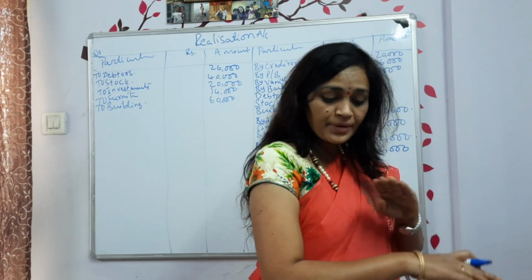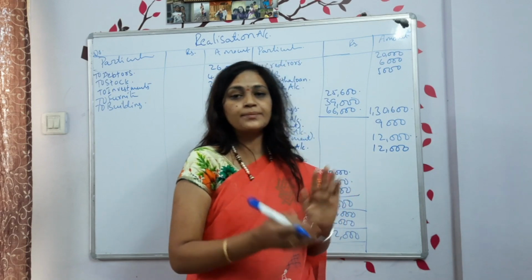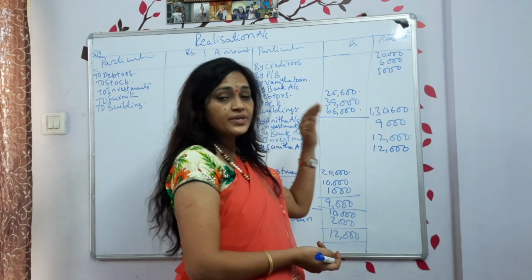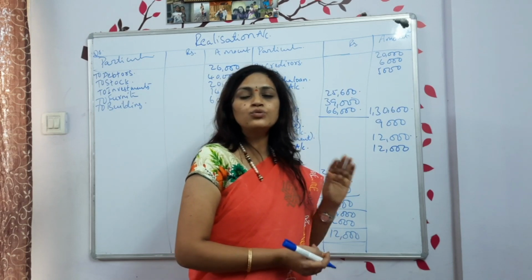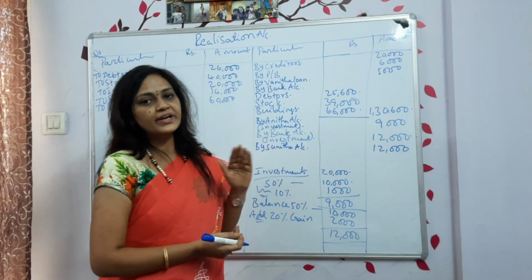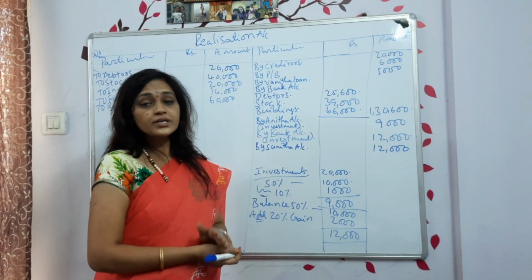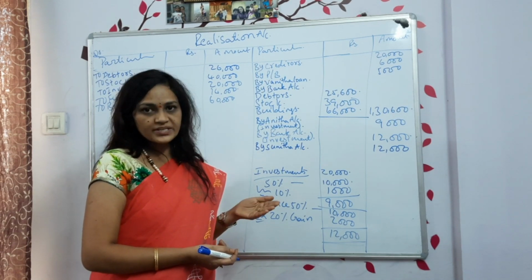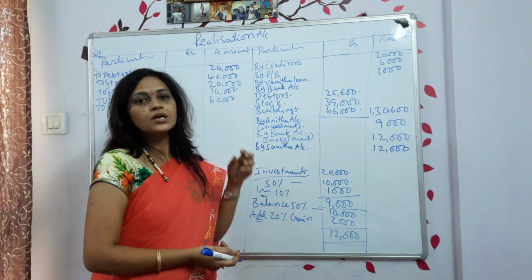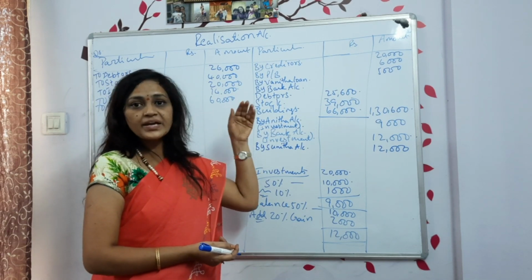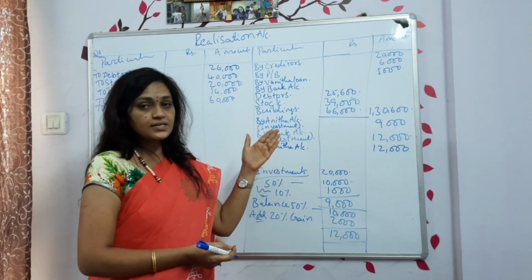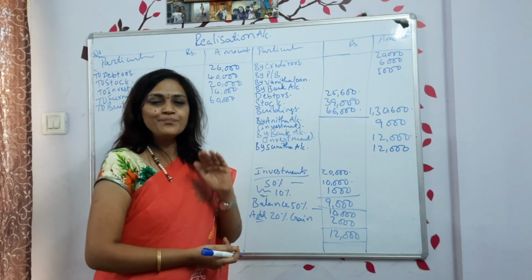They didn't mention anything about liabilities. That means whatever is the value, to that value only we have made the payment. Got it? If they don't mention anything about liabilities or assets, that means it was realized or paid at the same book value. Okay, they didn't mention anything here, so we are taking the same book value.